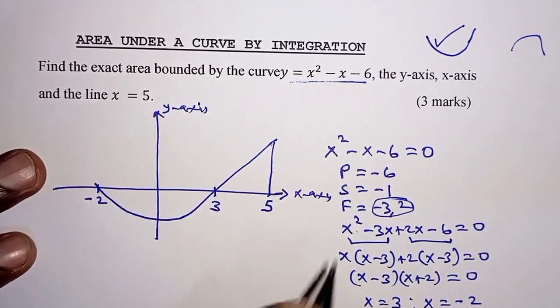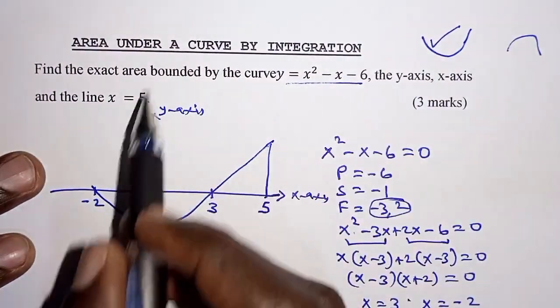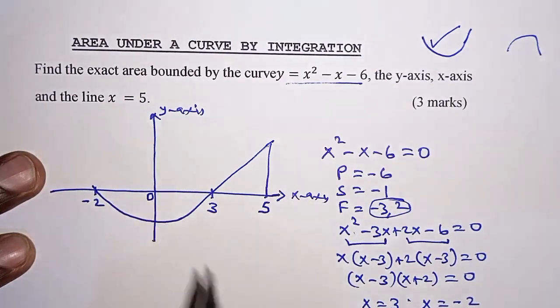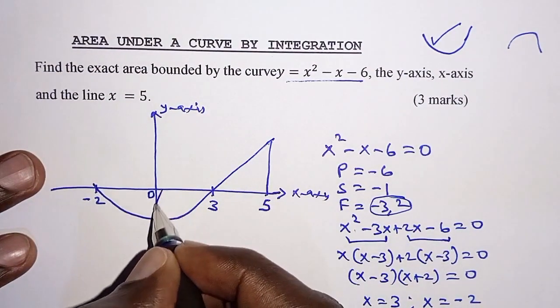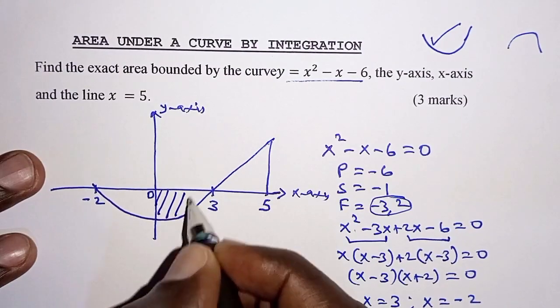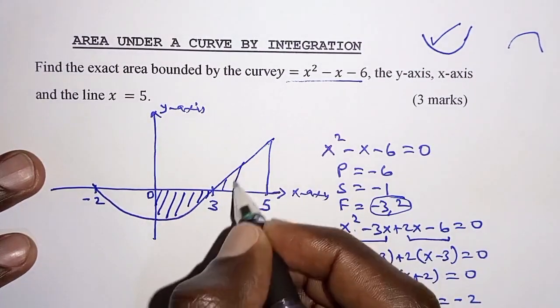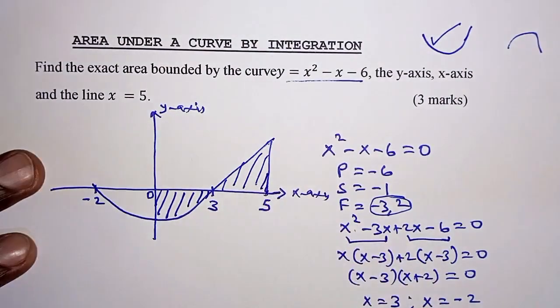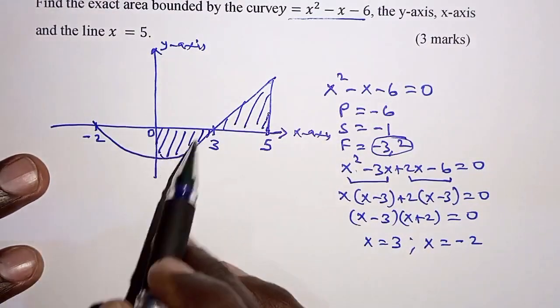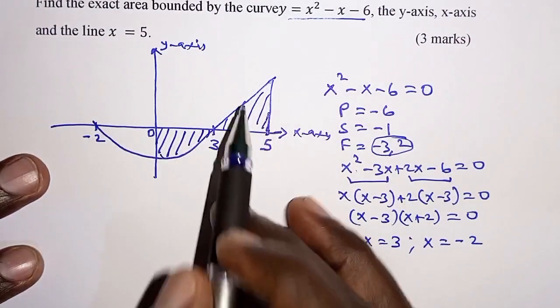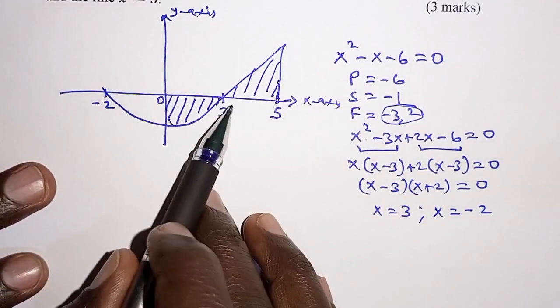Remember, this begins from the y-axis. So the y-axis is line x is equal to 0. So if I may shade the region, we may begin it from here. So that means we are going to determine the area of this region and this region, and then we sum them up.